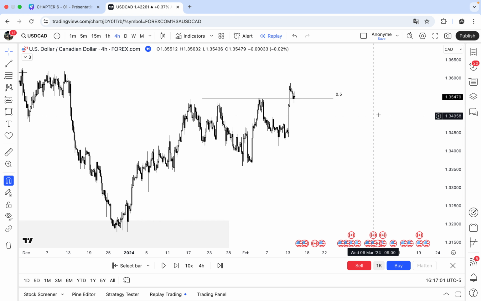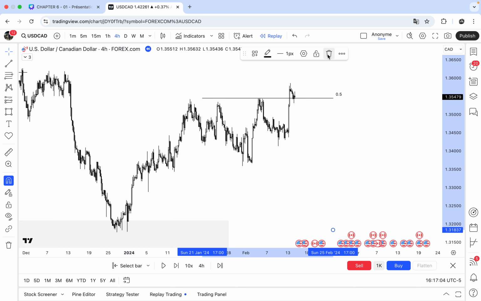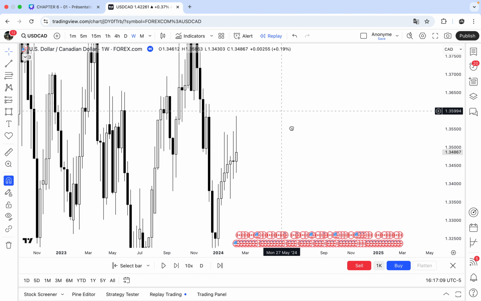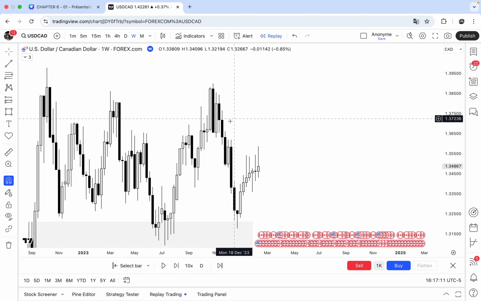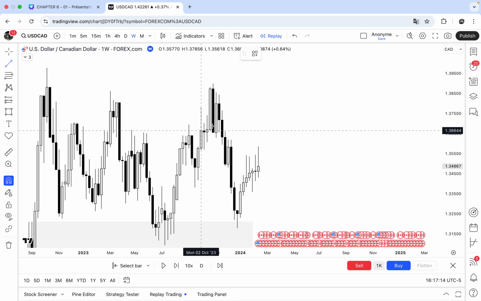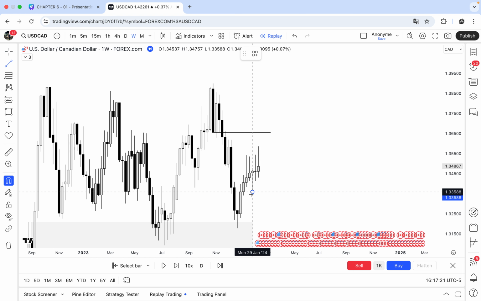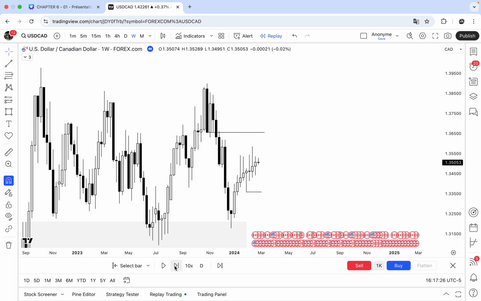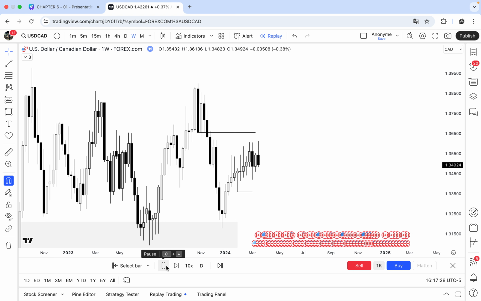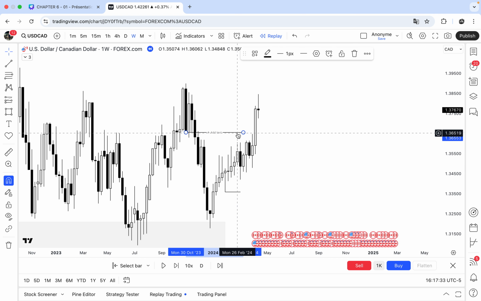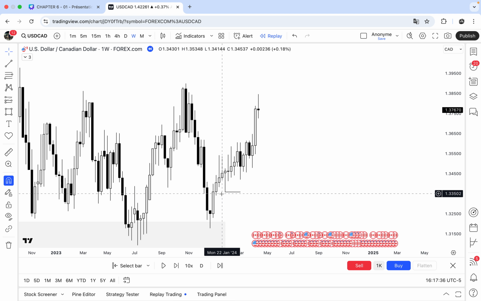This is how I'm looking at my drawn liquidities, guys. 50% got reached. The next one is this, for example. And this is a short-term drawn liquidity. Here you go. Drawn liquidity got reached. All right.